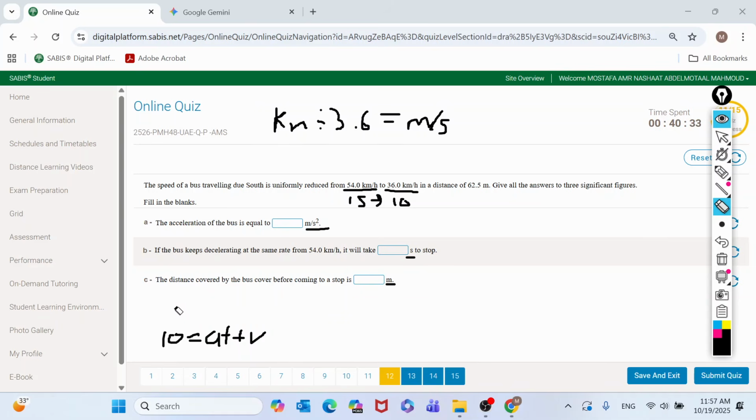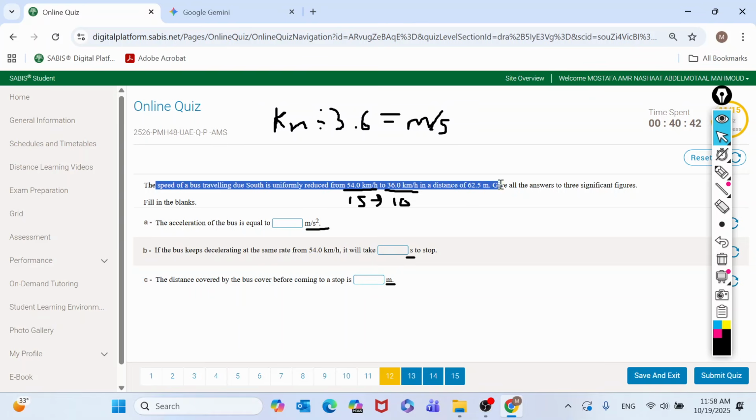Wait guys, I think we need to use another one. I thought they gave us the time, but I guess they didn't, so my bad. In a distance of 62.5. Okay guys, we have to use the time independent equation because they didn't give us the time.